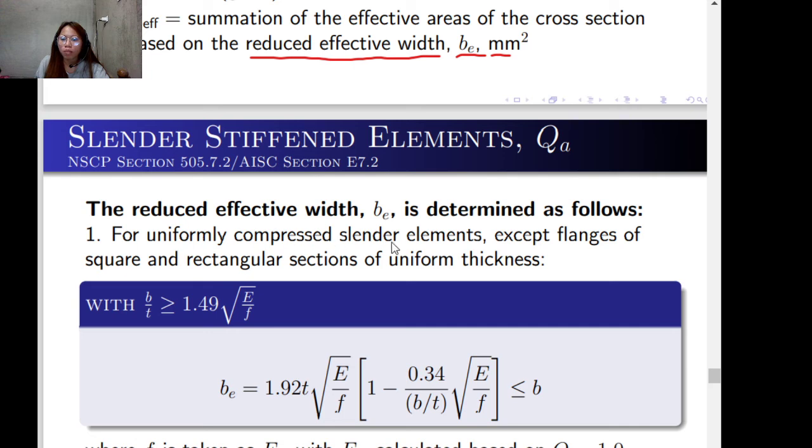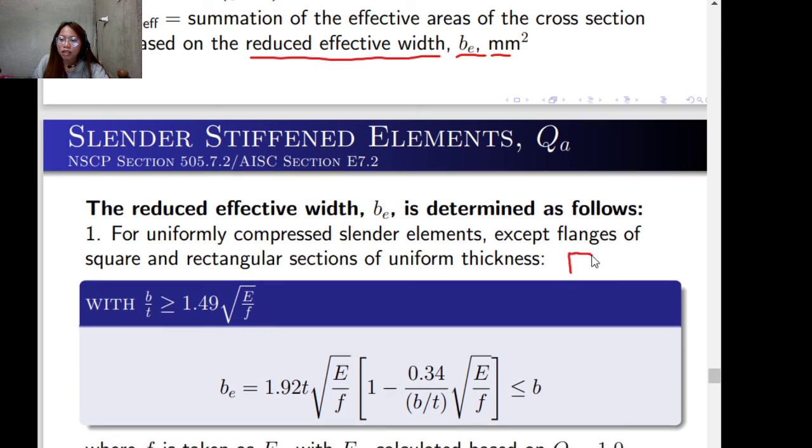For uniformly compressed slender elements, except flanges of square and rectangular sections of uniform thickness. So, except those HSS shapes, the pipes.